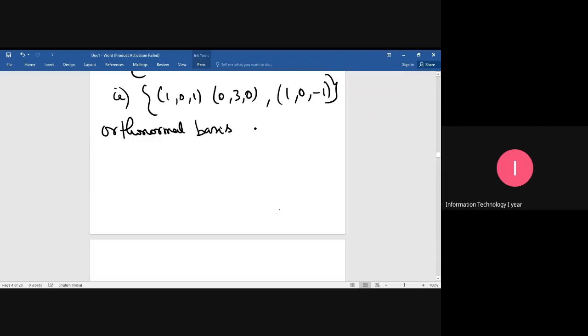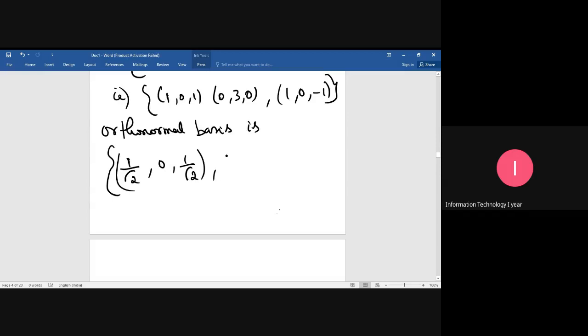Orthonormal basis actually. So see it. The first vector: 1 divided by norm W1, where norm W1 square is 2. So 1 by root 2, 0, 1 by root 2. Actually, the first element is 1 divided by the square root of 1 square plus 0 square plus 1 square. Like that you can take it.